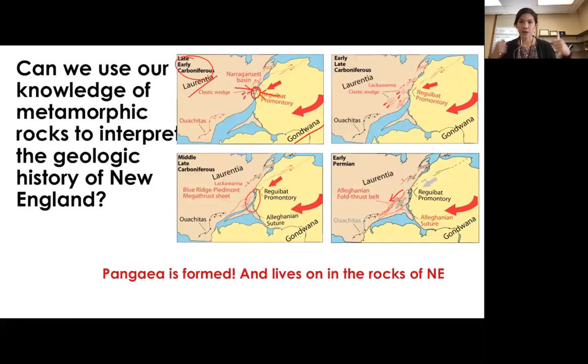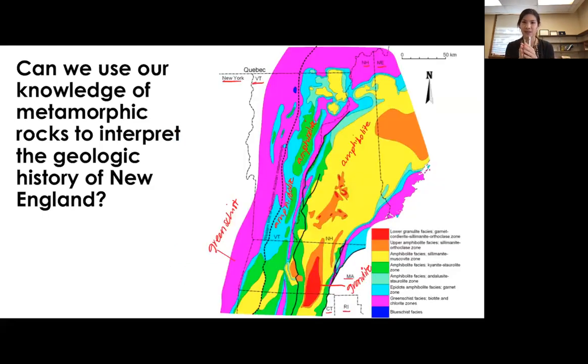So as those pressures and temperatures increase, they're going to be greatest at the center of that collision and less great further away from the collision. And so that is where we get this symmetric metamorphism or metamorphic grades in New England, where in the center we have really high metamorphic grades, and it moves out to lower and lower metamorphic grades as you move away from the center of the collision.